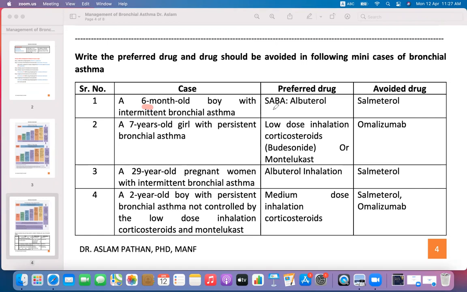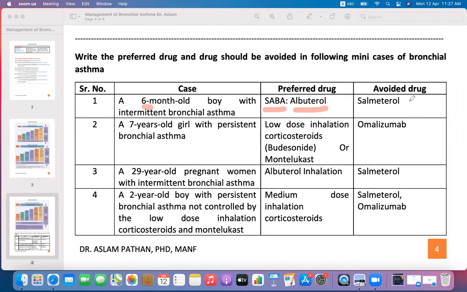As we discussed, the preferred drug is a short-acting beta agonist, albuterol, or we can say salbutamol, which is the choice of drug in the management of intermittent bronchial asthma in 0 to 4 year old children.